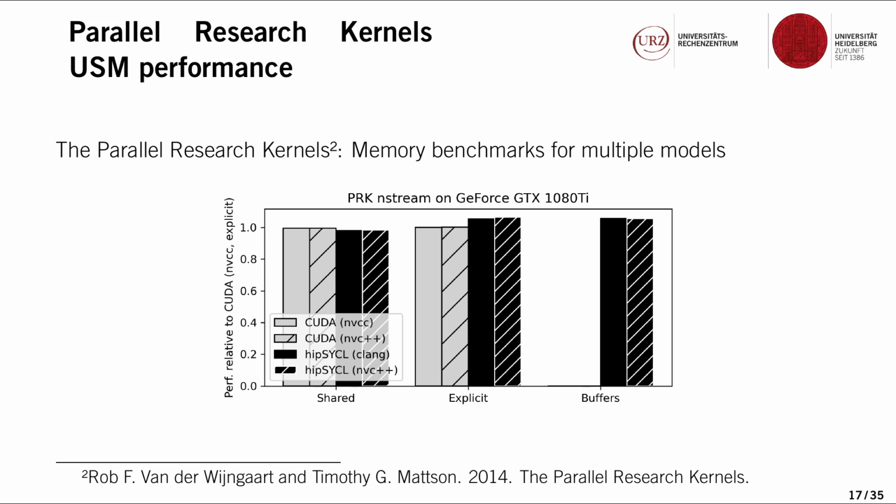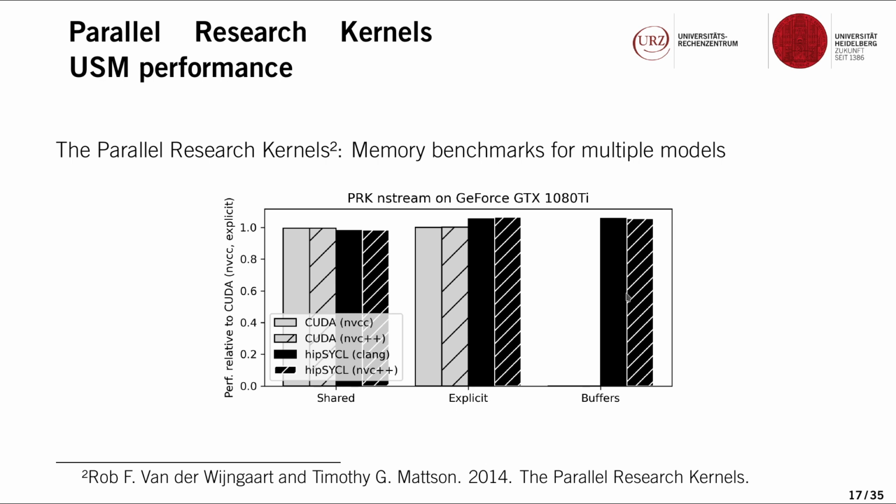We will be looking at the Parallel Research Kernels benchmarks, because those provide memory benchmarks for multiple models, in particular CUDA, HIP, and SYCL, but they also provide the SYCL version in multiple variants using shared USM, explicit USM, and also the traditional buffer accessor model.